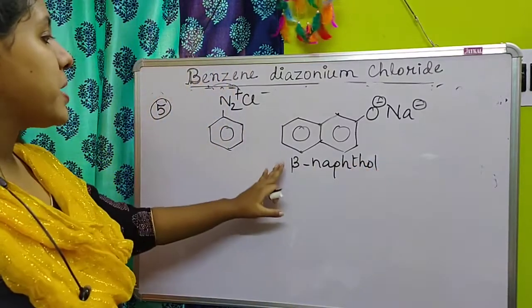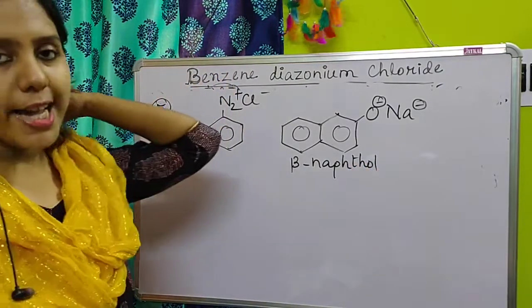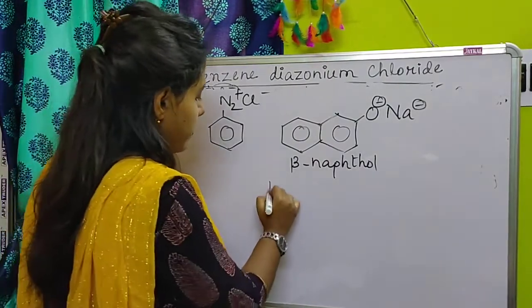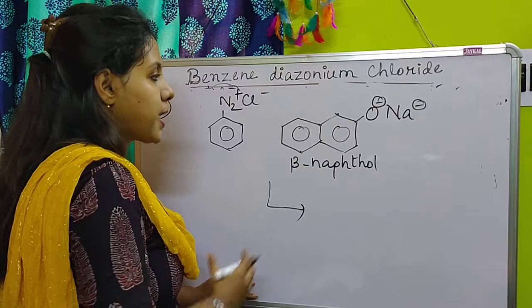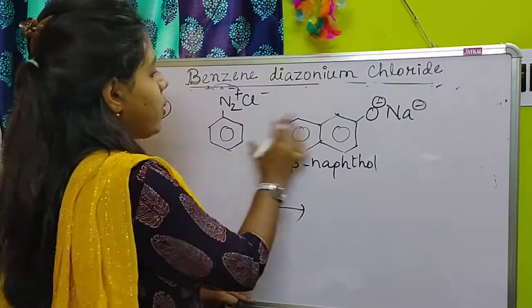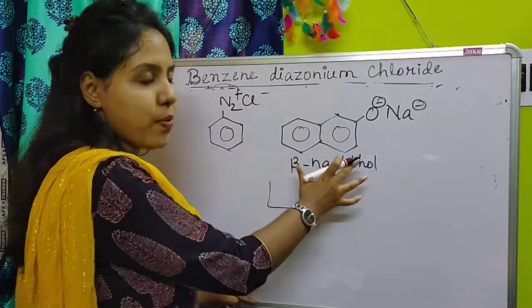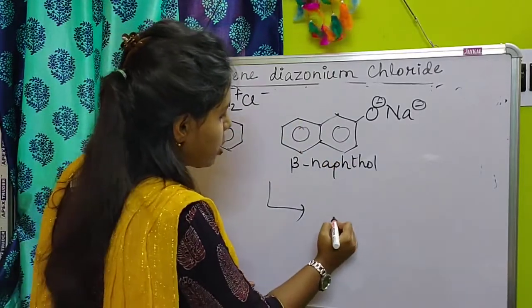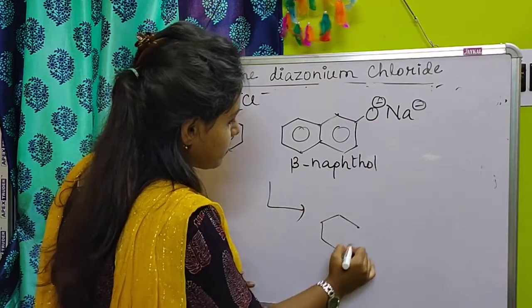So when we are adding beta-naphthol into benzene diazonium chloride, after reaction between them, it will give a red colored compound that is known as azo dye, because there will be a linking or combination between them with the help of this azo group. So here it will look like this.